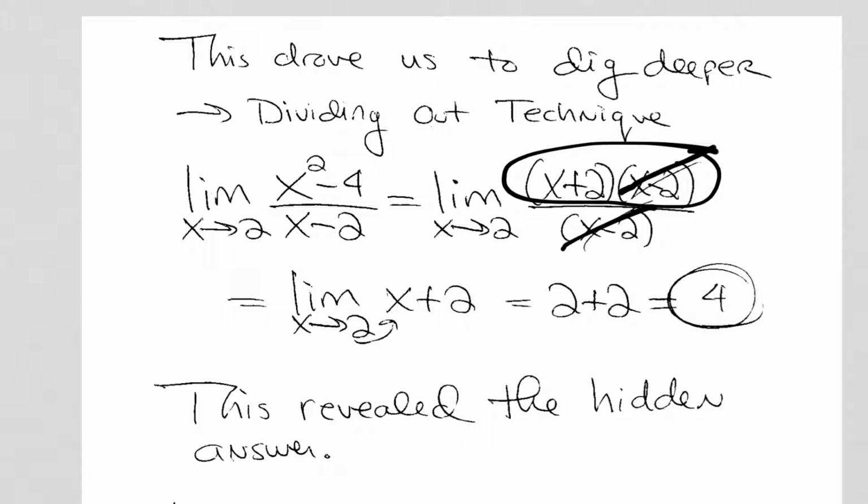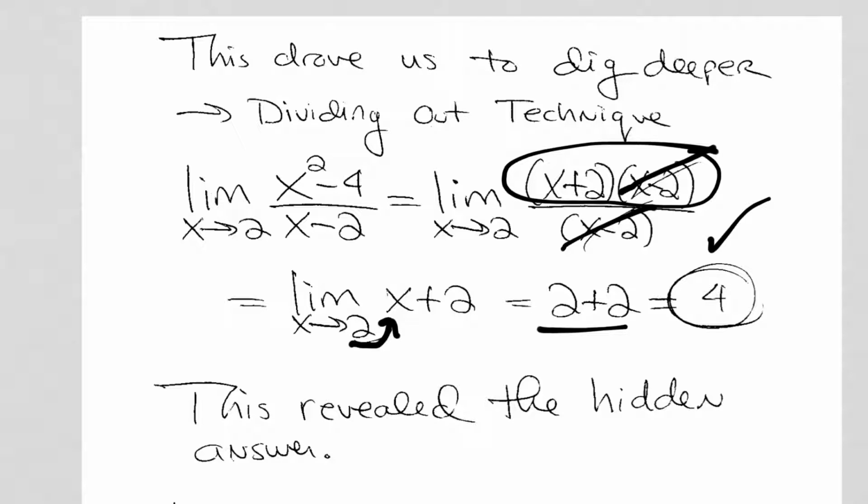Actually, we call that the offending factor. It's the very factor that's causing the limit to be 0 over 0. Once it's divided out, you can then plug x equals 2 into your limit with direct substitution, and we get the answer, which is 4.